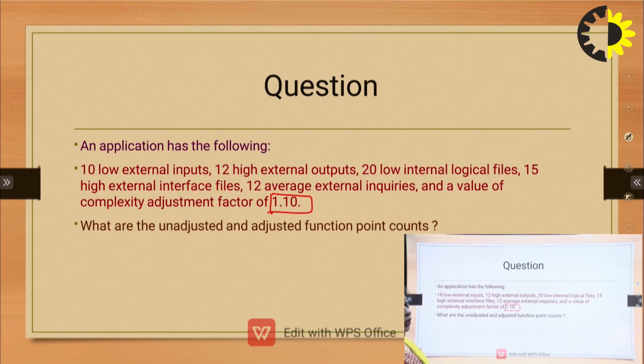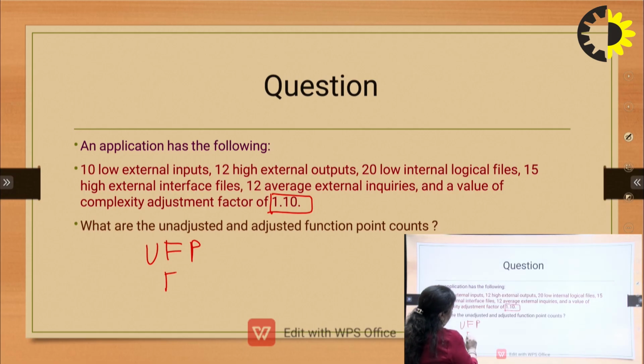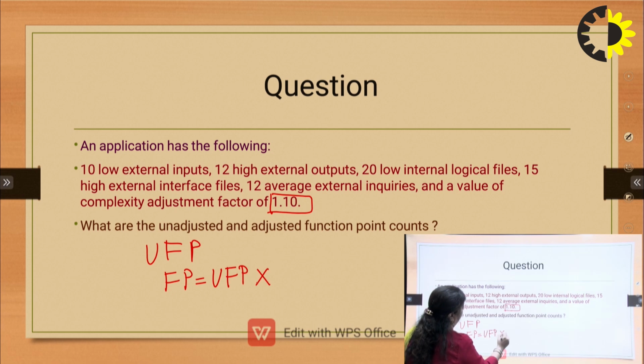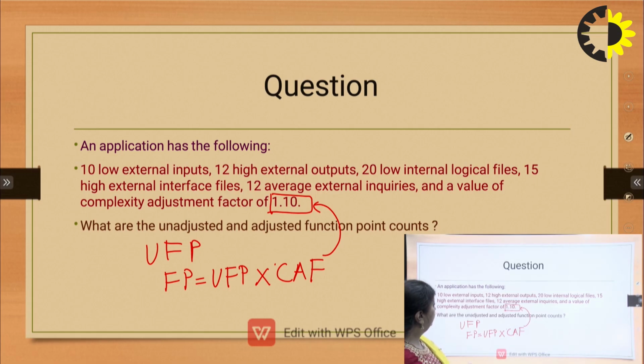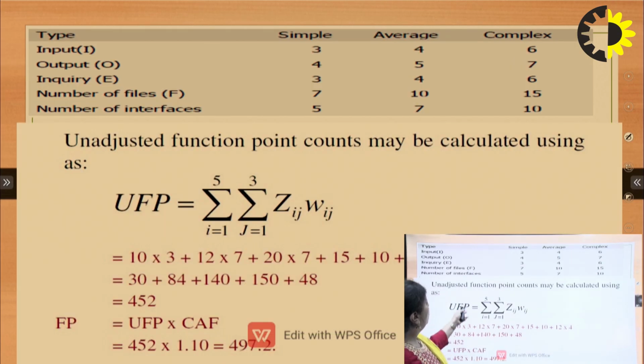I have to directly calculate UFP and then FP as UFP into CAF, which is already given to me as 1.10.